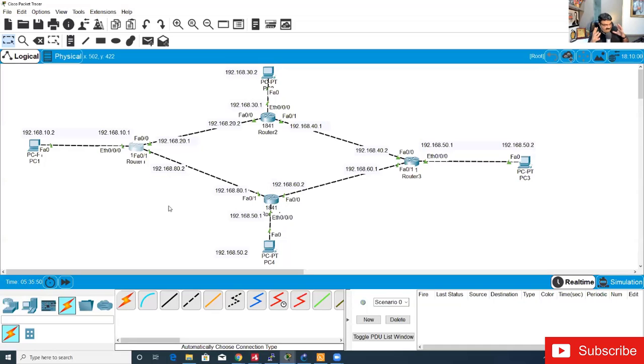So the biggest advantage of EIGRP is that it already has a second path. It calculates the second path, so in an emergency it will not search for the path, because it already has the path in its topology table. The switchover will be very quick and very effective in the case of EIGRP.